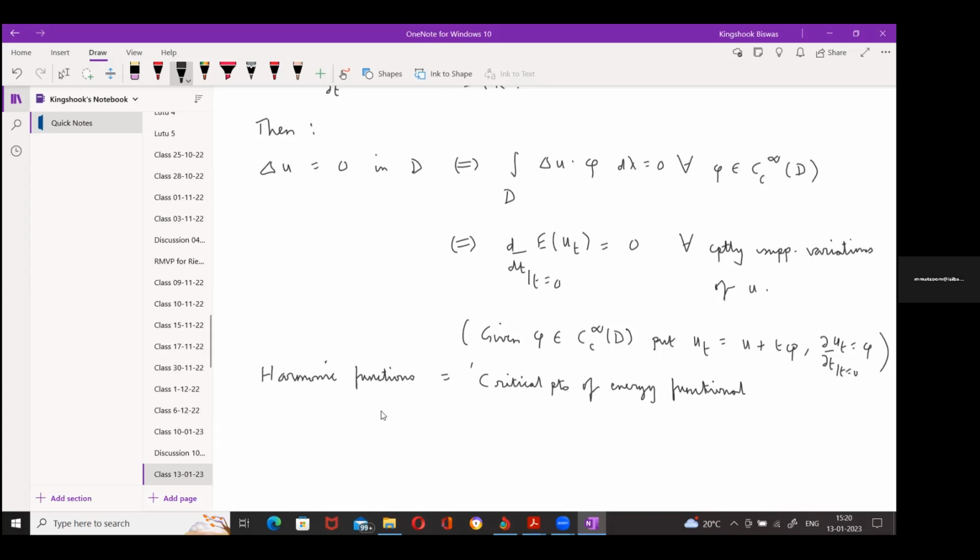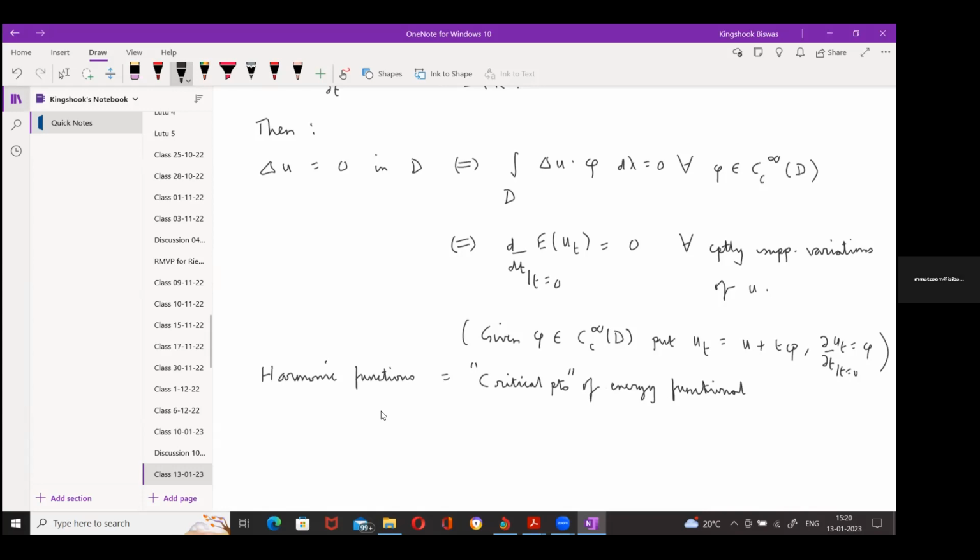Critical point here just means exactly this, that the derivative of the energy along any compactly supported variation is 0. That's all it means. Okay, nothing more.